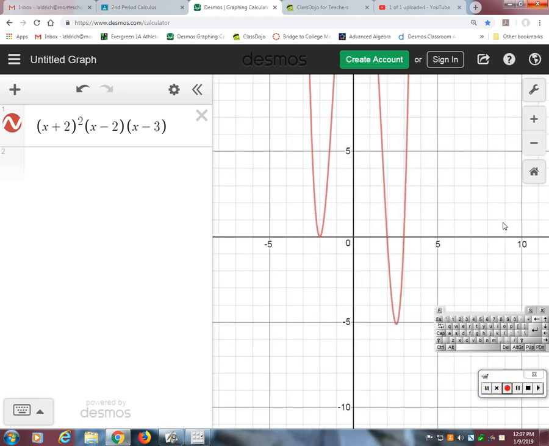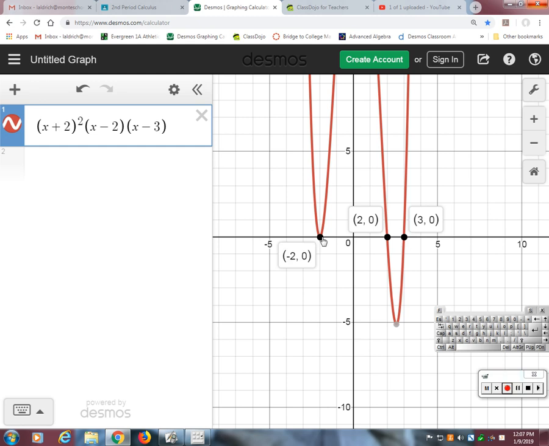As we would expect, the graph goes through the x-axis at x equals 2 and also at x equals 3. But at x equals -2, something crazy happens. The graph doesn't actually go through the x-axis at that point. It just goes down and touches the x-axis and then turns around and goes back the other way.